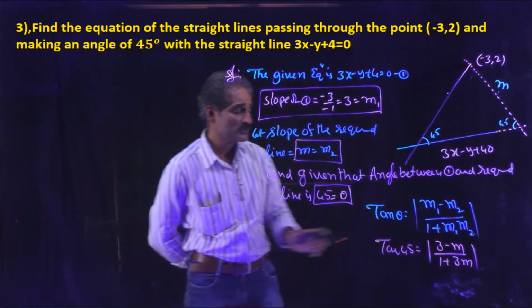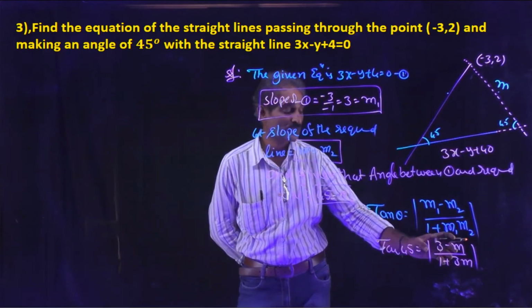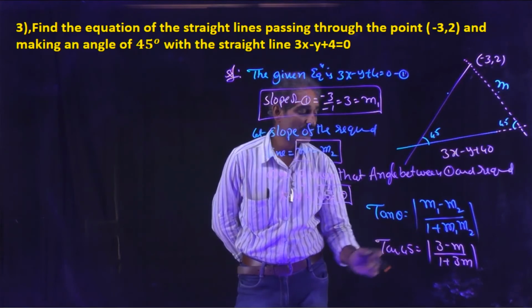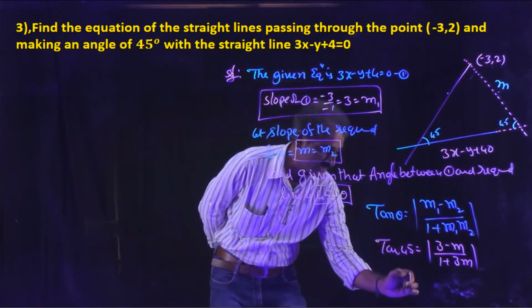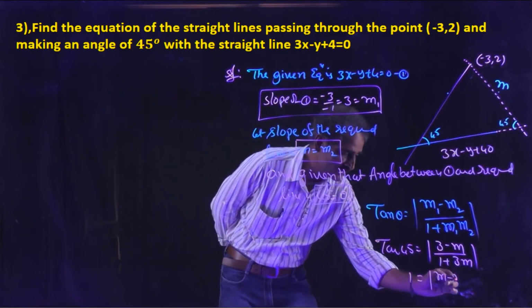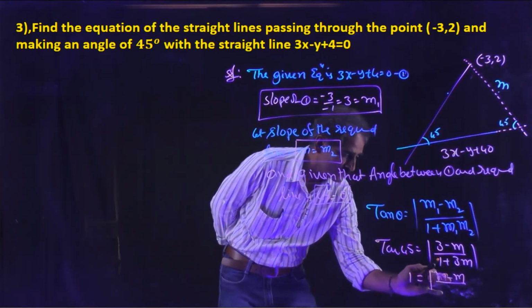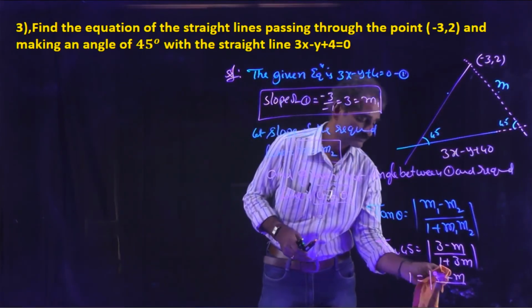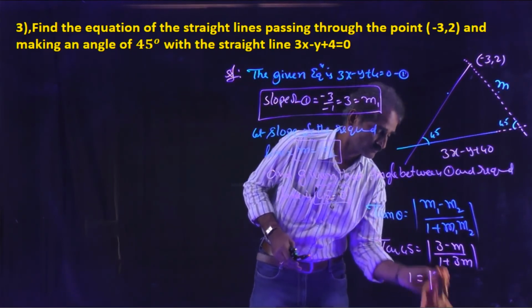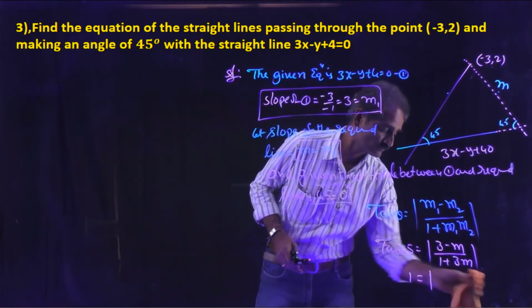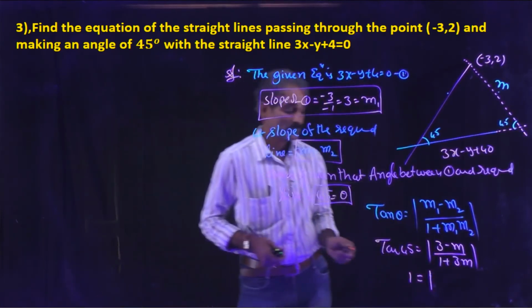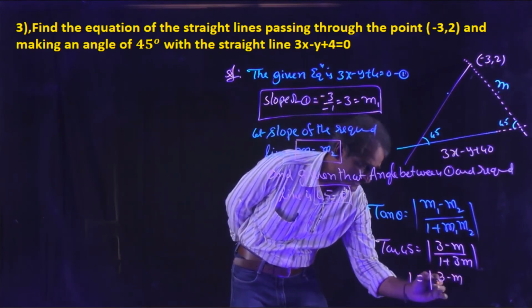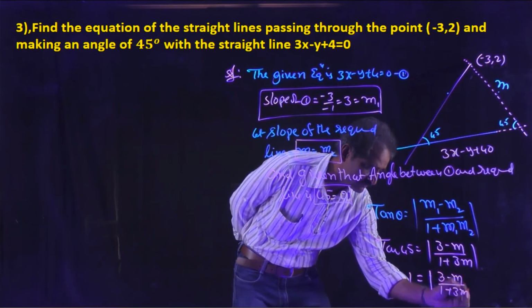There are two methods. One is by taking plus or minus value by removing the modulus, otherwise by squaring on both sides. You can take any method. So tan 45 is equal to 1. So 1 is equal to modulus of (3 minus m) by (1 plus 3m).